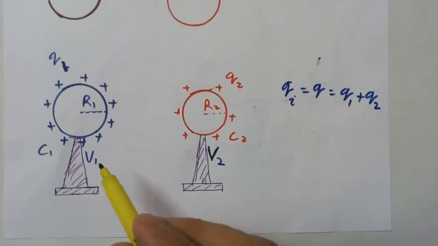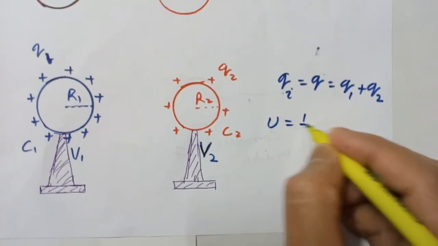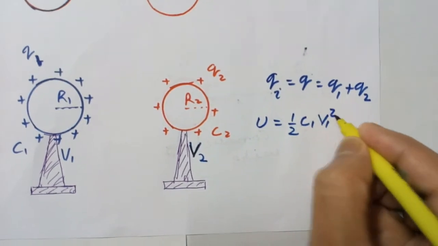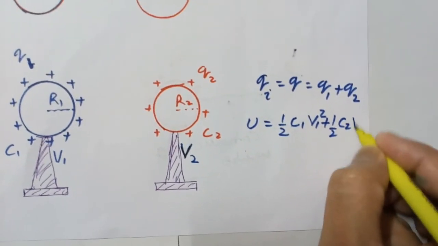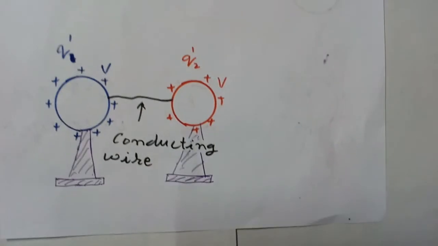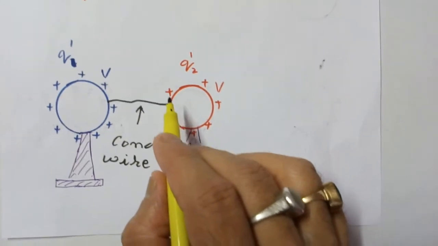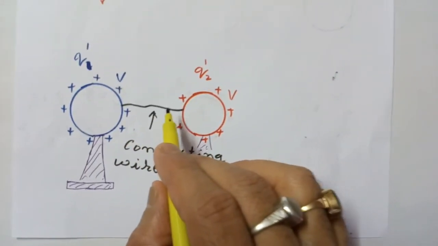And electrostatic potential energy U is equal to half C1 V1 square plus half C2 V2 square. Now connect them by a conducting wire. So charge will flow from higher potential to lower potential.